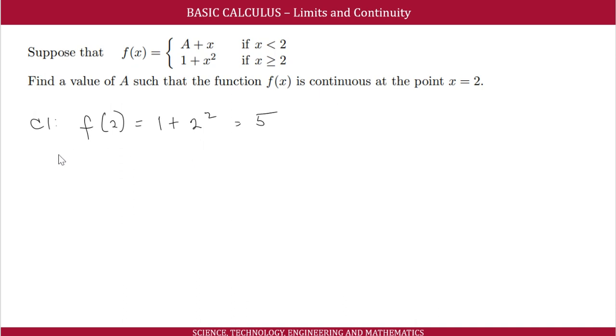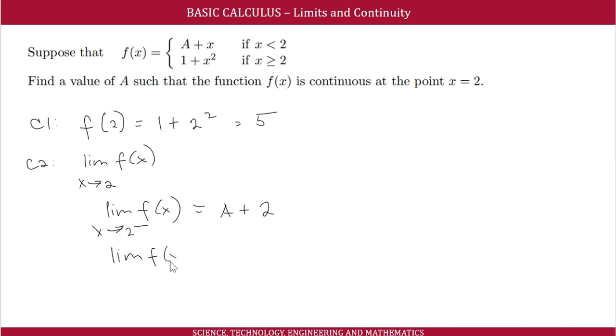And then condition number 2. We have the limit of f of x as x approaches 2. So we check first the left: f of x as x approaches 2 from the left, and that will be the first one, a plus x, so a plus 2. Then the right, x approaches 2 from the right, and that is 1 plus 2 squared, which is 5.